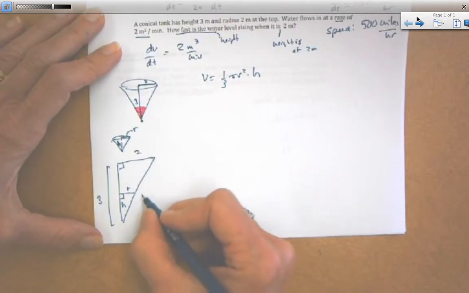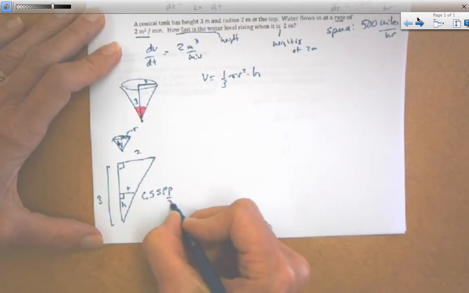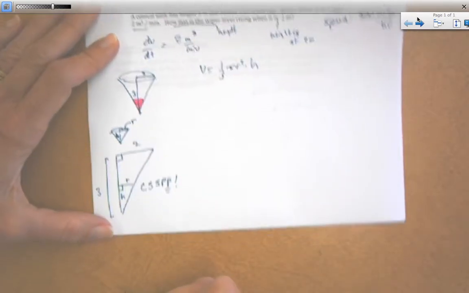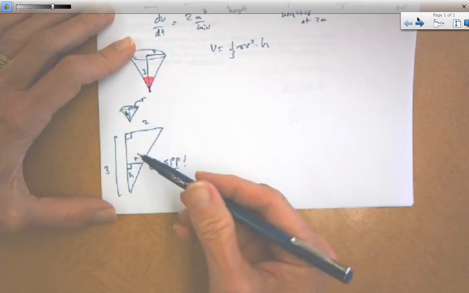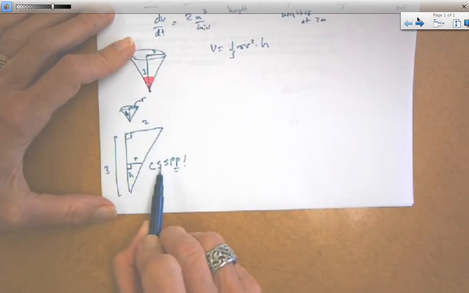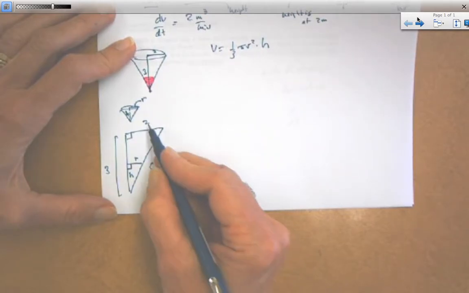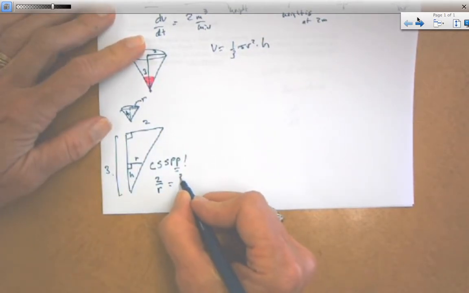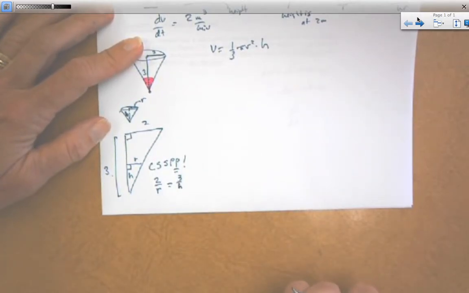And if you have similar triangles, that means corresponding sides of similar polygons are in proportion. We like that because now I can make an equation. So I'm going to go from big to small, and remember it has to be corresponding sides. So 2 to R is equal to 3 to H.